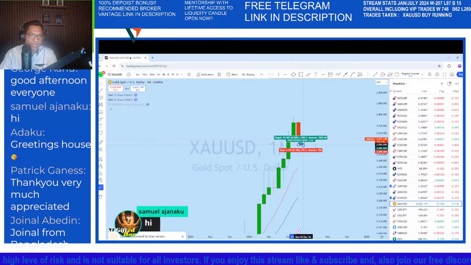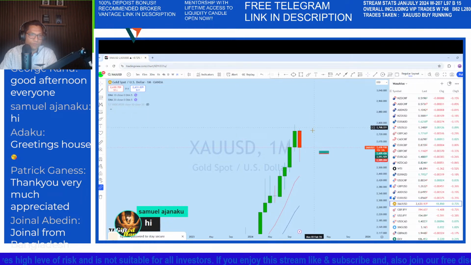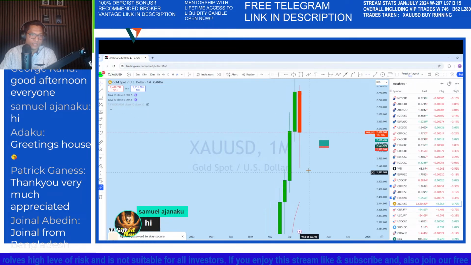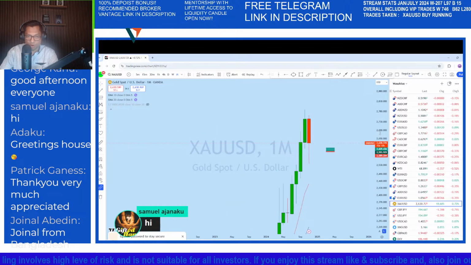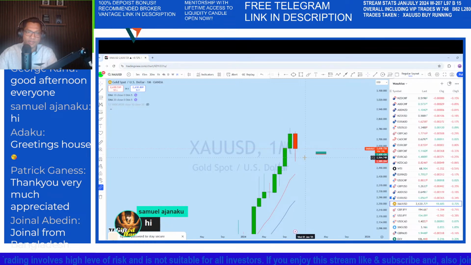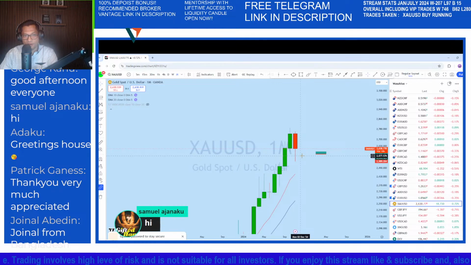We can see the price currently after this pullback is again having a rejection because it's a long-term bull market. We could see potentially further continuation or drop.